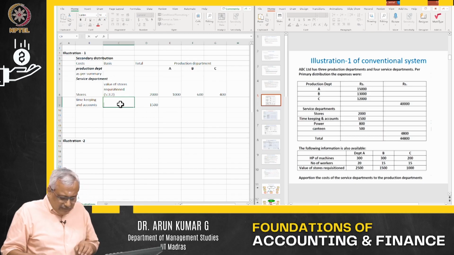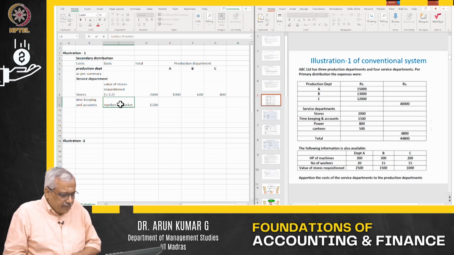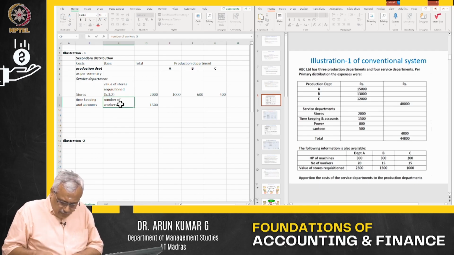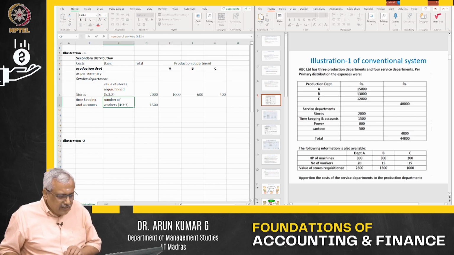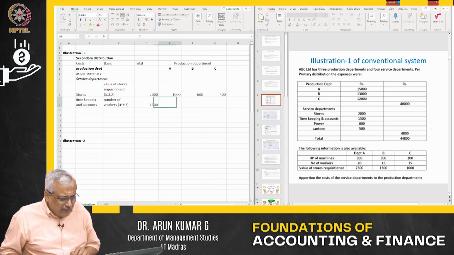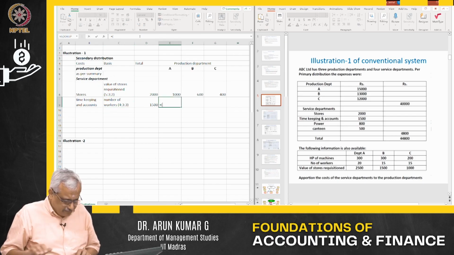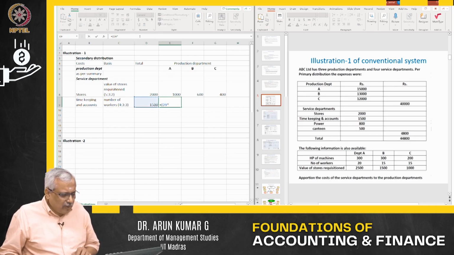I mean, on the basis of the number of workers, that is in the ratio of 4:3, and that is all that happens in this case. And as I said, I am doing only the secondary allocation here. So what do I do? I take this 15 into 4 divided by 10, since 4 plus 3 is 7, 7 plus 3 is 10.